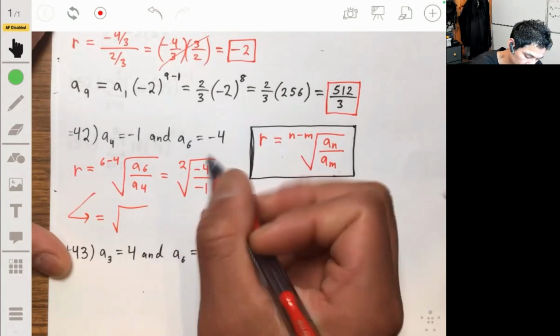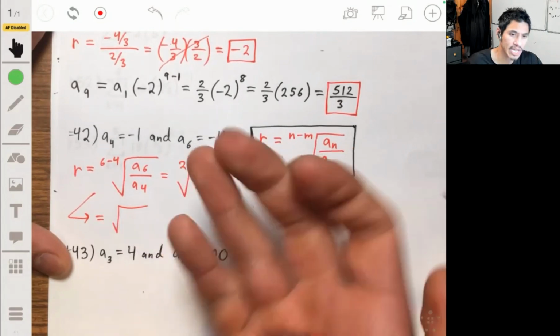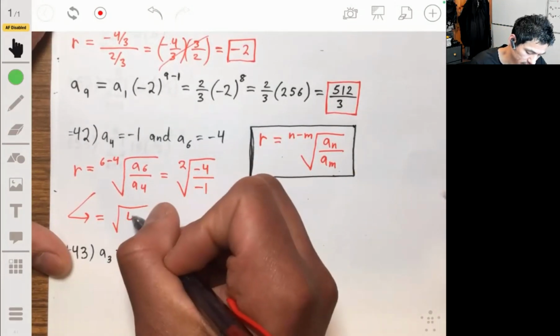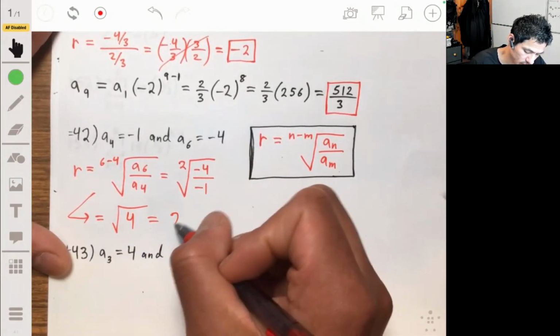So we don't even need that 2 there because the square root is usually implied when there's no power there. So we're just trying to find the square root of 4, which is 2.